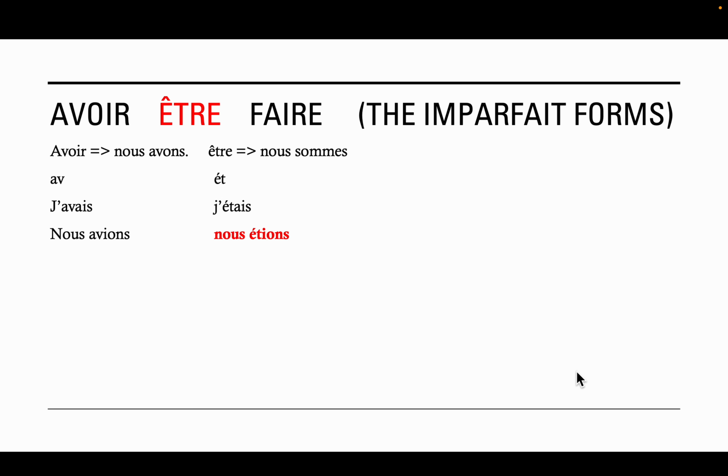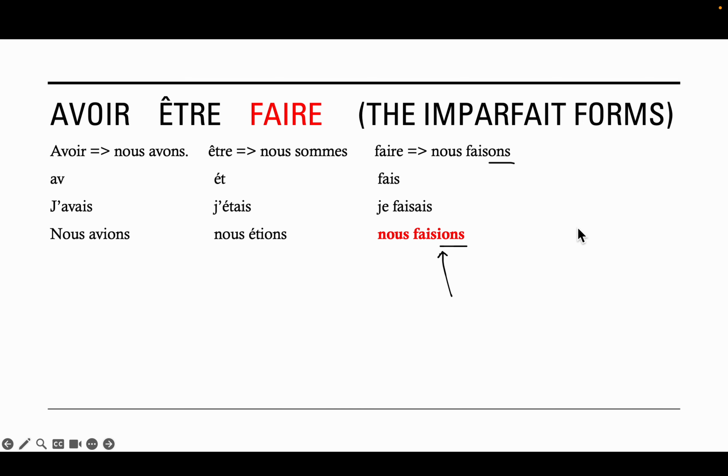J'étais, nous étions. Now let's look at faire. This one's regular. Nous faisons. Chop off the O and S, and you end up with fais. Je faisais, nous faisions. So look at the difference between nous faisons and nous faisions. That I right there makes the difference.